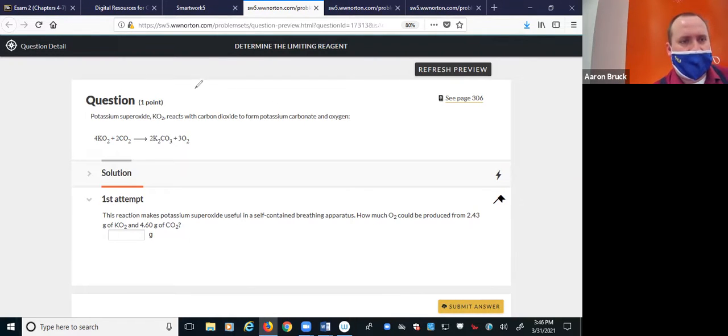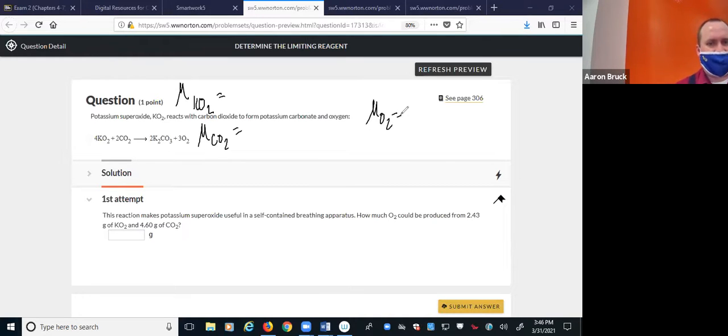So let's go ahead and get some molar mass quantities out here, so that when the time comes, all we need to do is put in the right values in the right places.